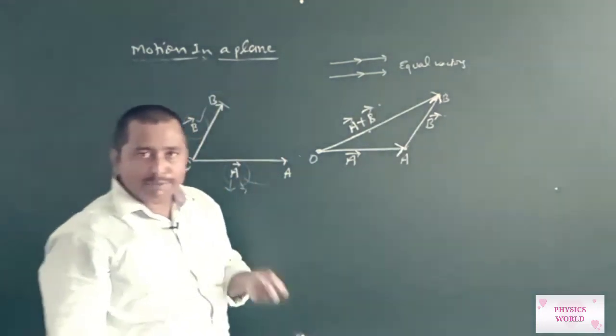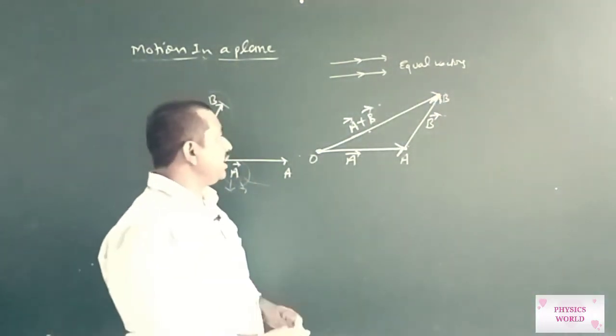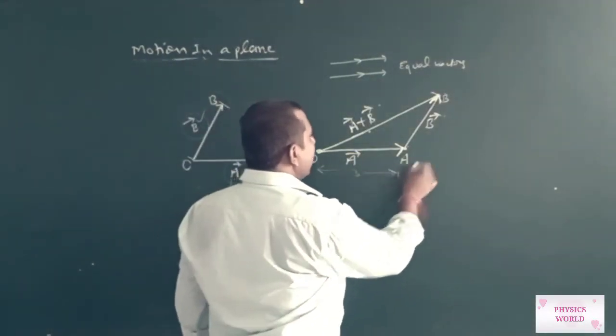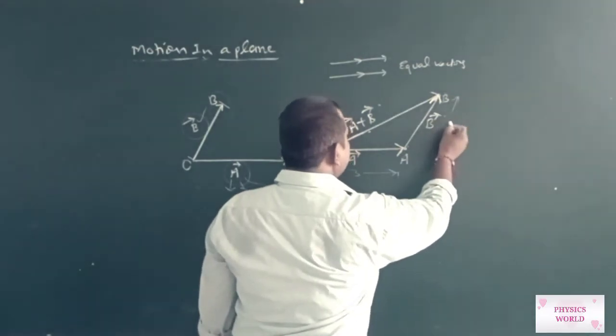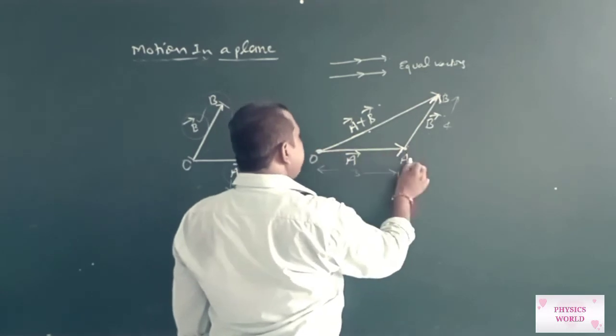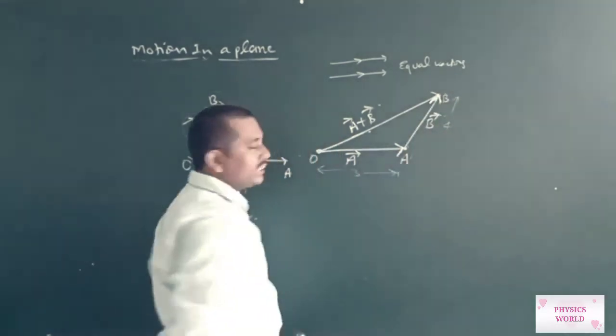But in ordinary algebra, if the value of A is 3 and the value of B is 4, then OA plus OB equals 3 plus 4, that is 7.